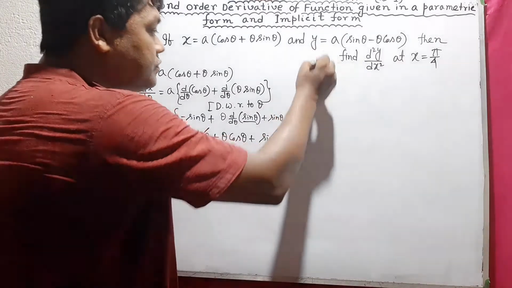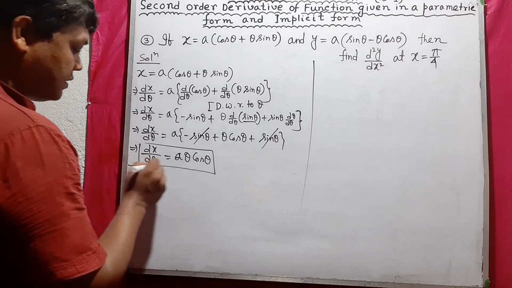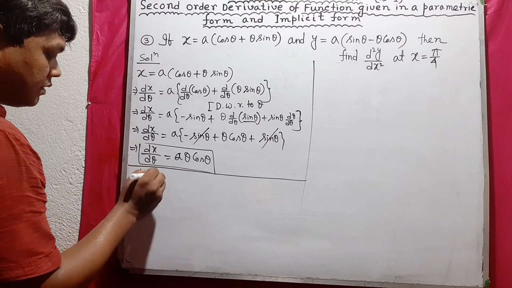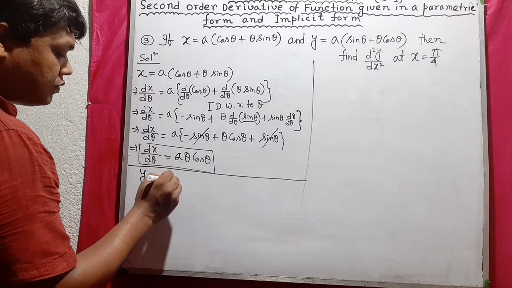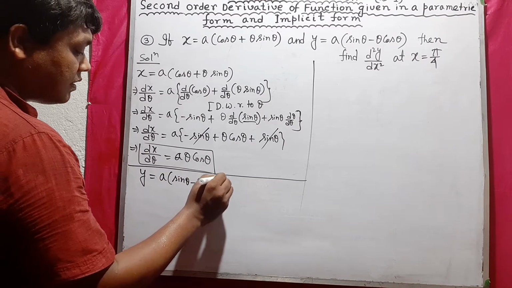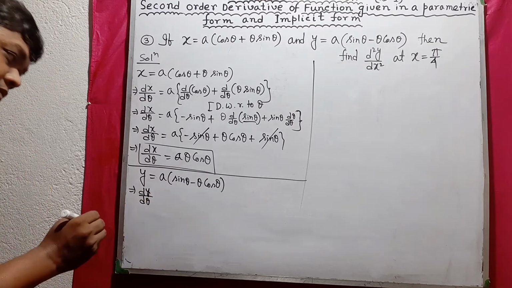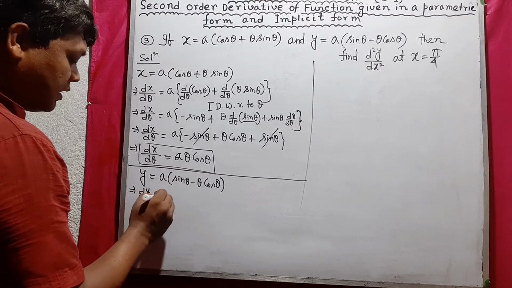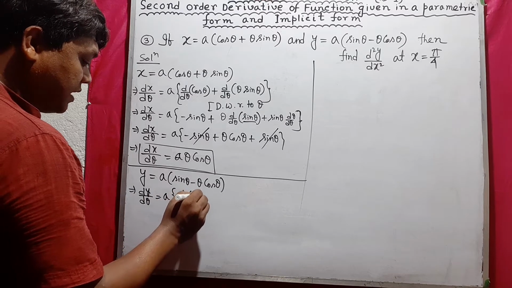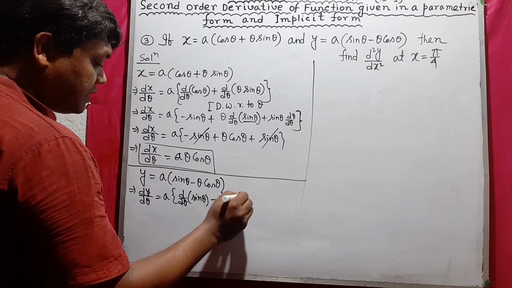Similarly, y equals a into (sine theta minus theta cosine theta). So dy/d theta equals a into (d/d theta of sine theta minus d/d theta of theta cosine theta).